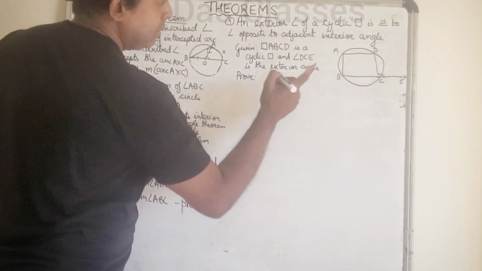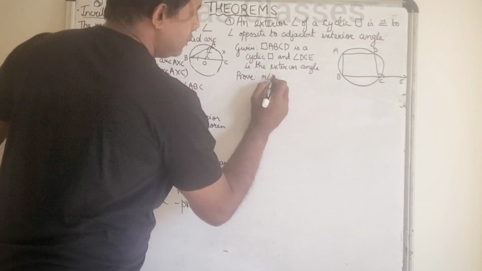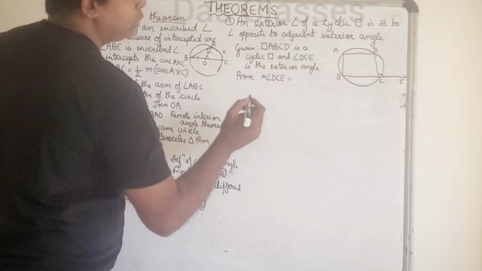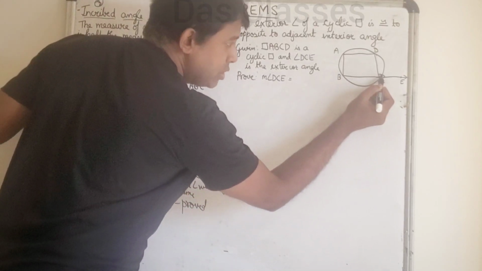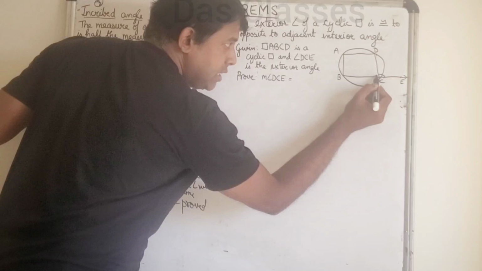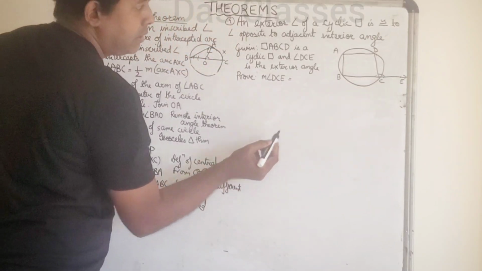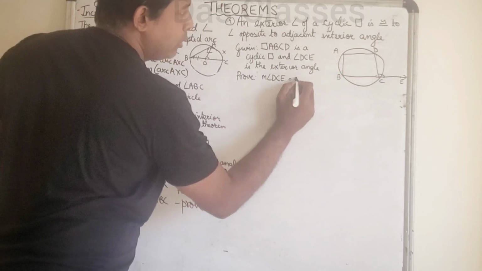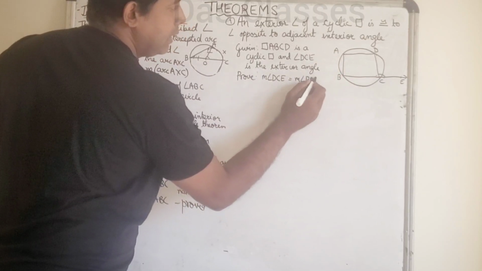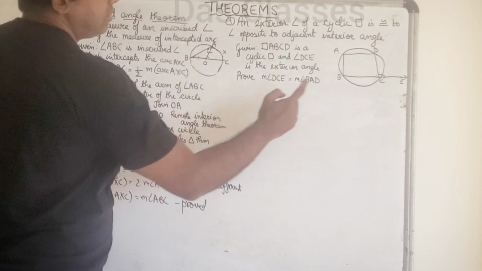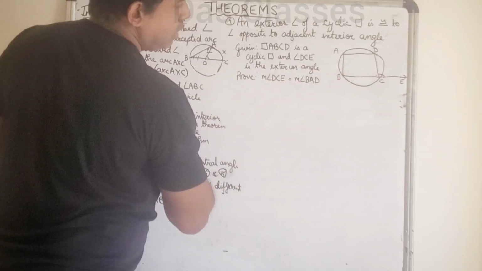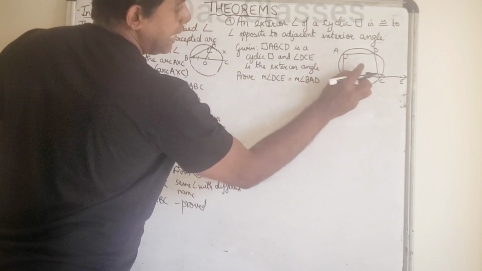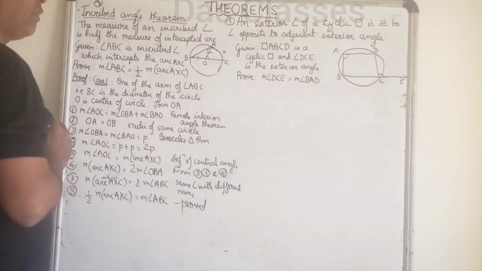An exterior angle, that is measure angle DCE, is equal to the angle opposite to the adjacent interior angle. Now which is the adjacent interior angle? This would be the adjacent interior angle, and the opposite to this is this angle, so it will be equal to measure angle BAD. So this is a property that the exterior angle is equal to the angle opposite to the adjacent interior angle. So this is what we have to prove.